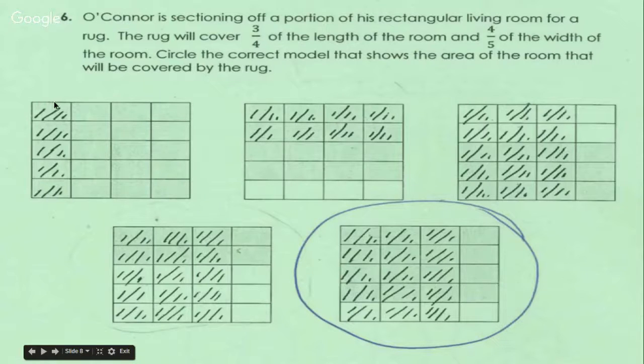So this one could not have been 3/4 since it only models one of the 4 columns being drawn in. So this would model 1/4. So that would eliminate this first choice.